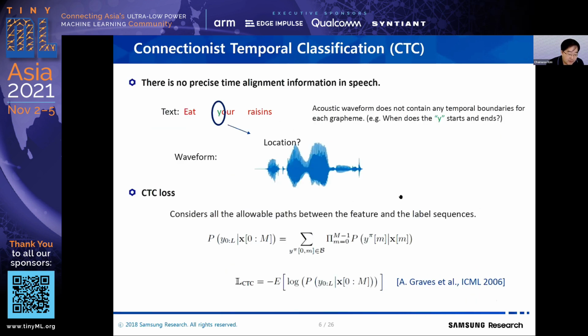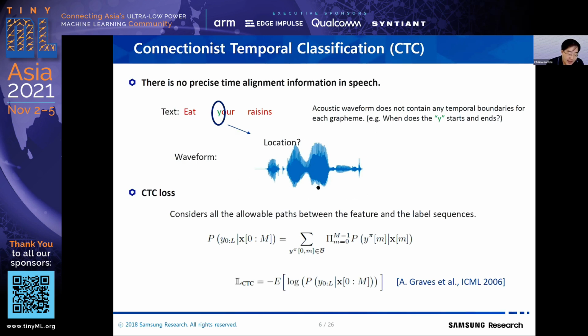So I'll briefly talk about the CTC algorithm a little bit. So speech recognition is a little bit different from image classification because the output is text, and the input is the acoustic waveform. And one problem is that usually when you train the speech recognition model, for example, in this case, actually, we don't know the exact location of the character Y in the waveform.